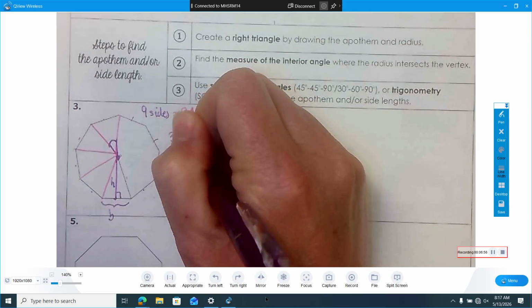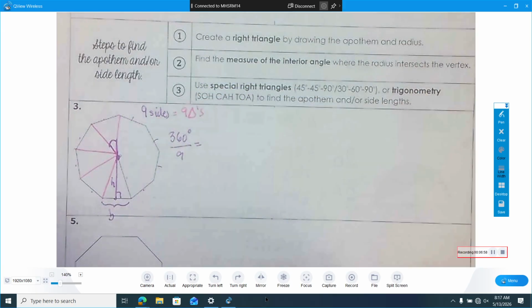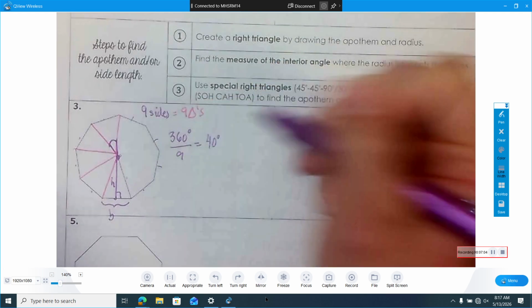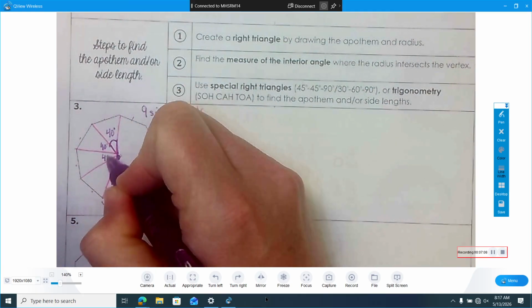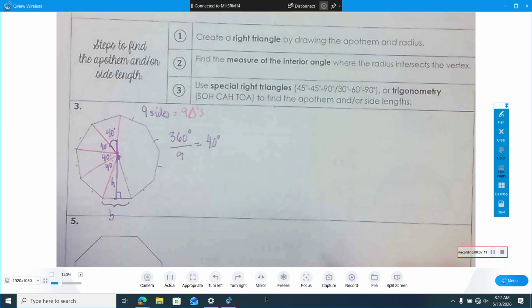Yeah, 360 degrees divided by 9 sides. And what is that? 360 divided by 9 is 40. 40 degrees. So each of these little interior angles right here is 40 degrees. For all those triangles, that angle closest to the center is 40 degrees.